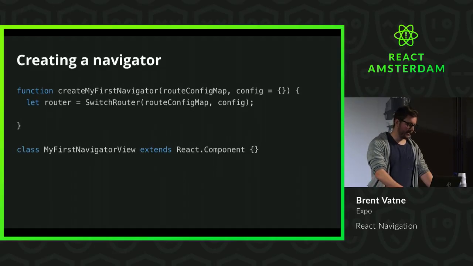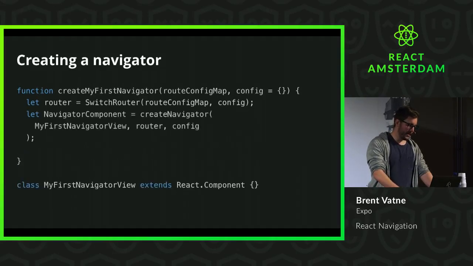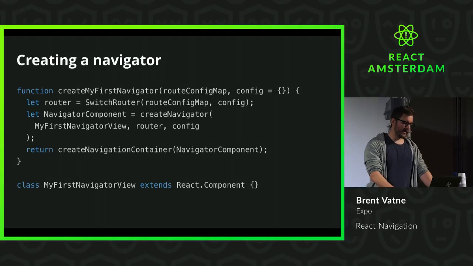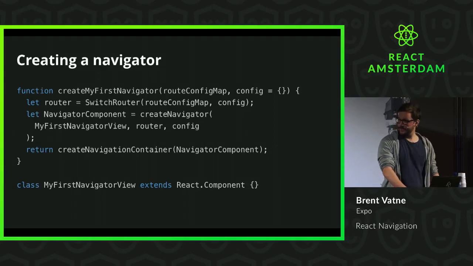We initialize the router. Then we create the navigator, passing in the view, the router, and some configuration. The config is basically like the object that had the initial route name on it and all those other things. And then we just return createNavigationContainer with this component. You can read the docs to learn a little bit more about the navigation container.